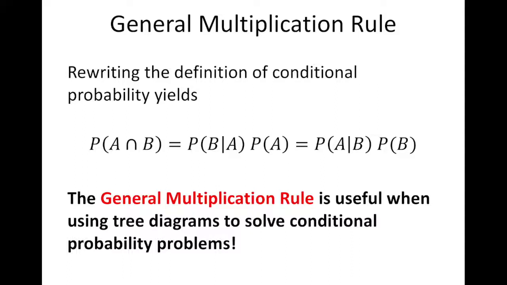The reason is that if you follow the setup for creating a tree diagram for a problem involving conditional probabilities, the general multiplication rule will be built in to the tree diagram itself.